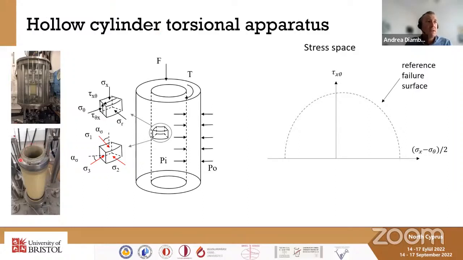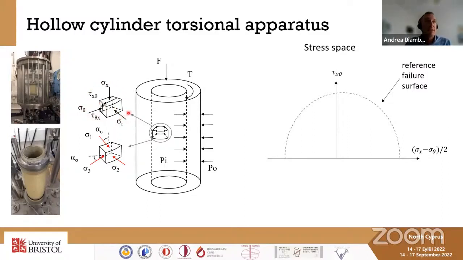This gives us some complexity in sample preparation and in stress analysis, but a great advantage is that we can apply a vertical force and a torsional force, and we can control independently the internal and external pressure. If you now look at the soil element, we have a normal stress and a shear stress on this face, and then two other normal stresses on the perpendicular face, but also on the external face. So we have 4 stress components.